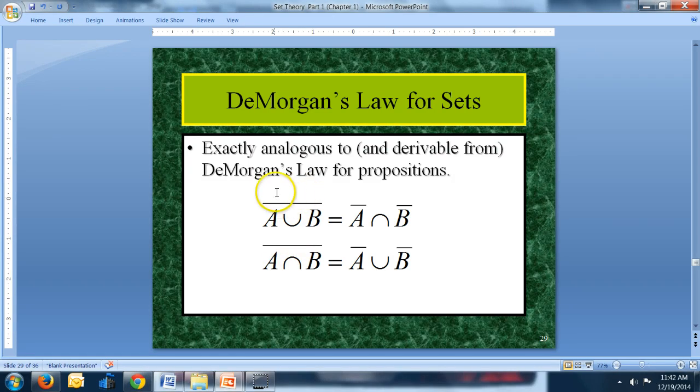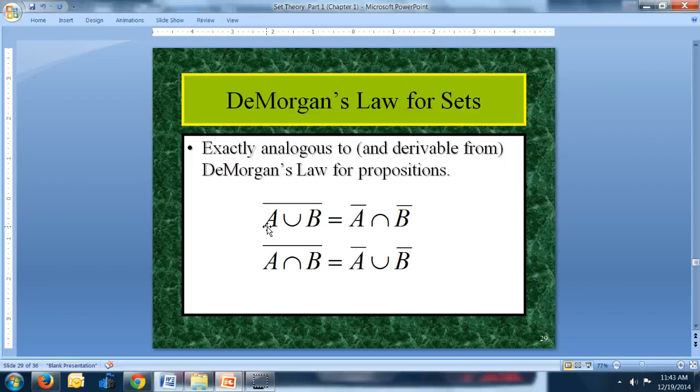The De Morgan theorem. De Morgan is one of the mathematicians who looked at this. And what we have in here, we read from left to right: the complement of the union is equivalent to the intersection of the complements. It is two sets, A and B. We form the union, and then we take the complement of this.